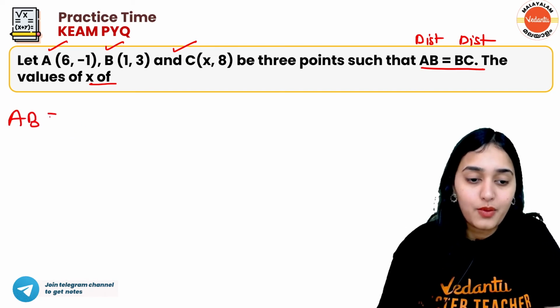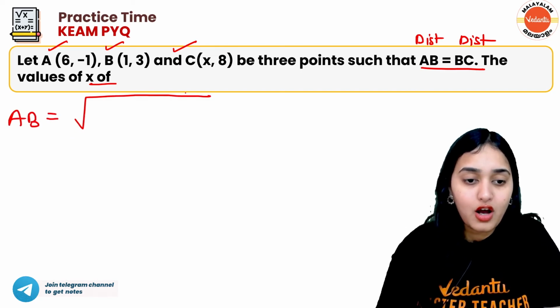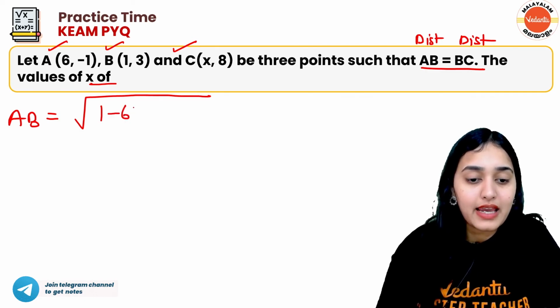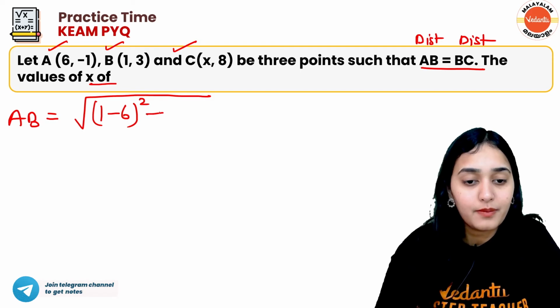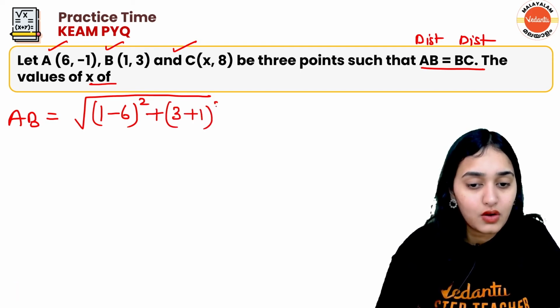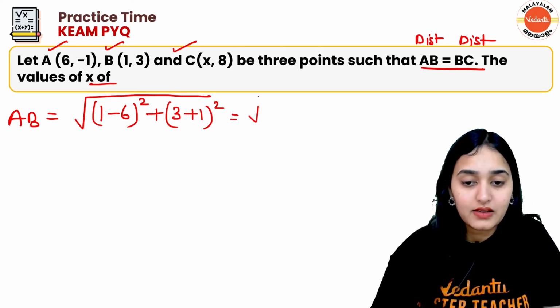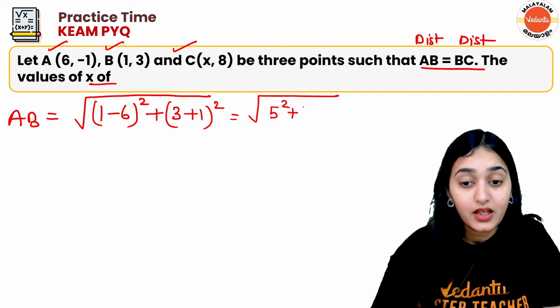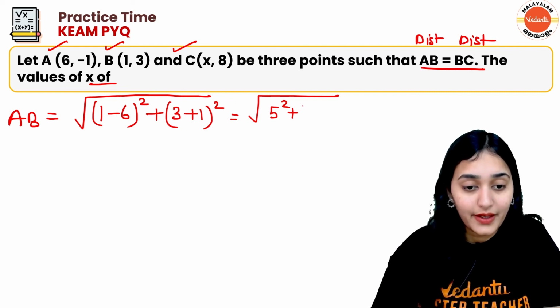AB will be equal to square root of x2 minus x1 whole square plus y2 minus y1 whole square. So this is square root of 5 square plus 4 square, right?